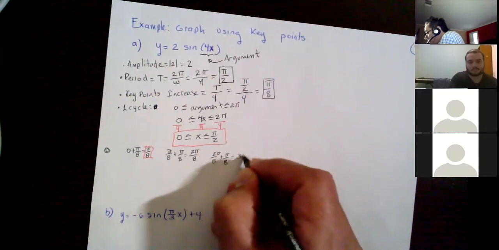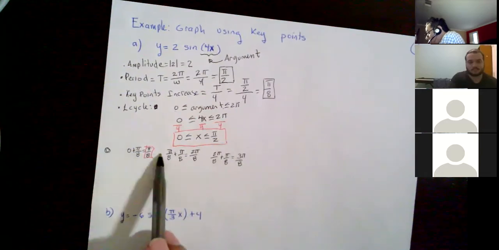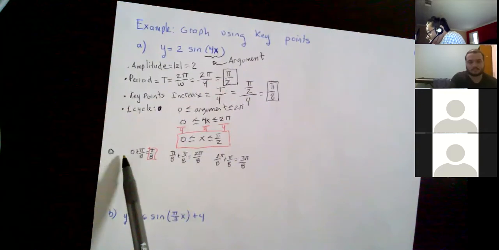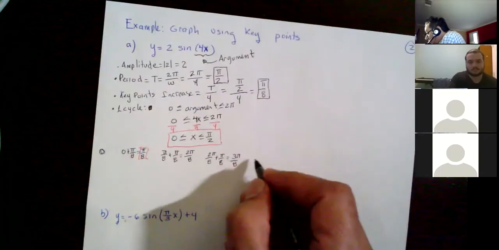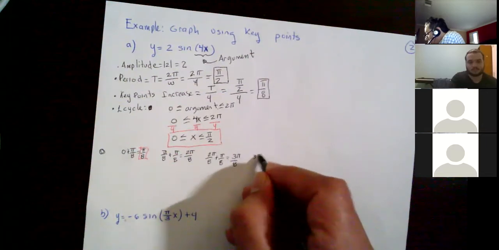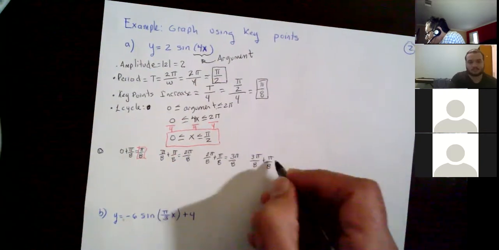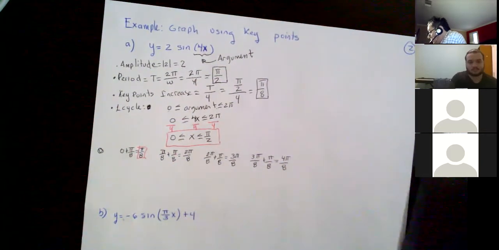That's equals to 3 pi over 8. Notice we got 1, 2, 3. We need one more because we have 4 intervals. So that would be 3 pi over 8 plus pi over 8. That's equals to 4 pi over 8. That would be the fourth.